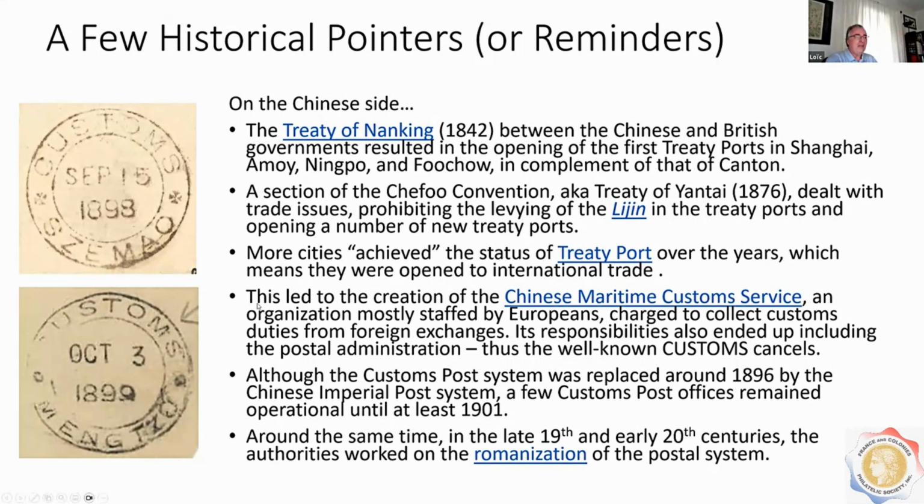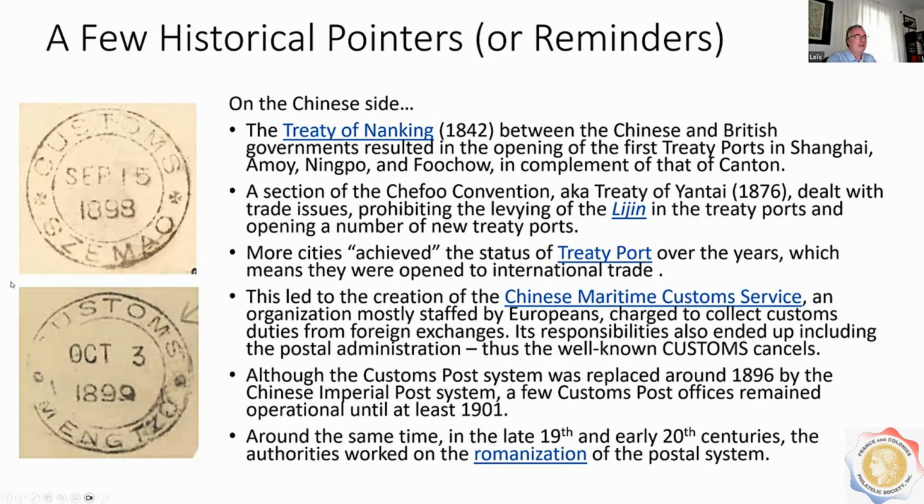Two additional points here: the customs post system was replaced at the end of 1896 by the Chinese imperial post system in the Qing era, but a few customs post offices remained in operation until at least 1901.